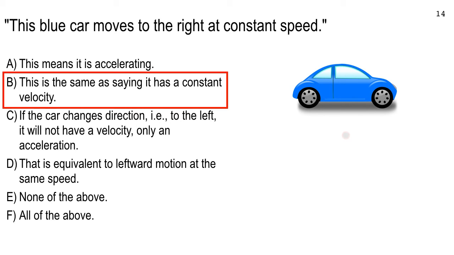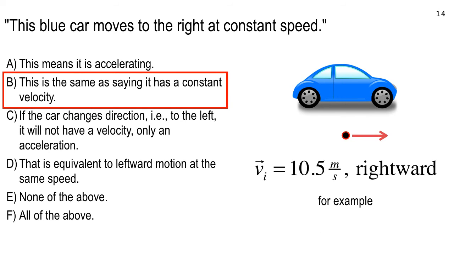All right. So here's a little blurb. If I say that the car is moving at constant speed, it means that you could write a statement like this. This would be a mathematical statement that is consistent with this blue car moving to the right at constant speed.